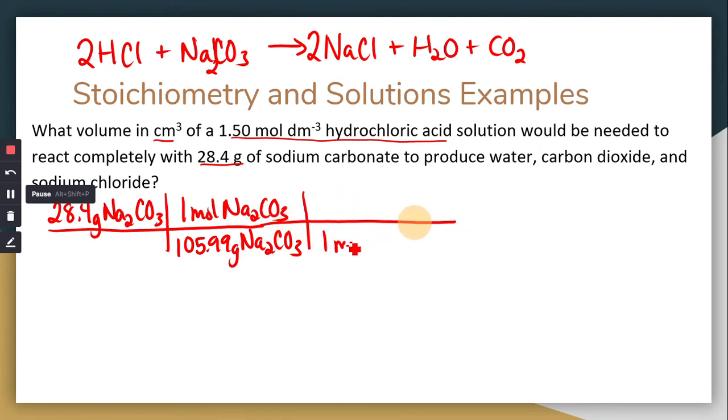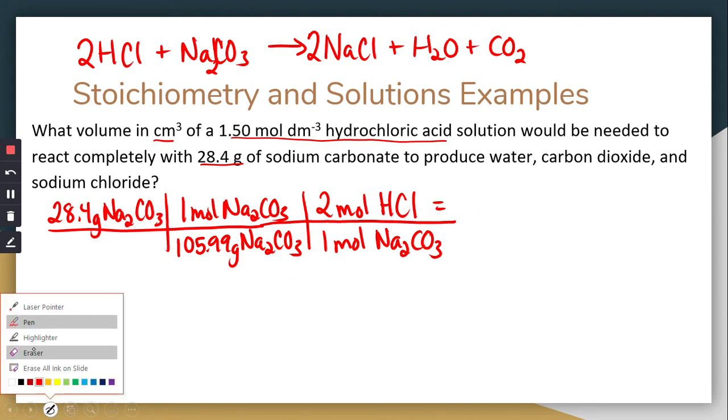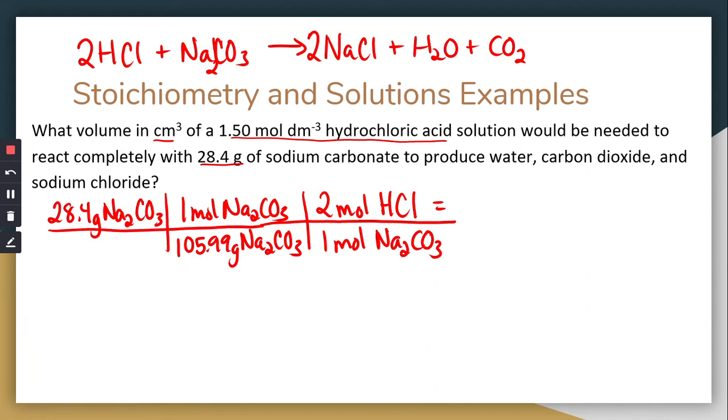So we set up our mole ratio from the balanced equation. So when we multiply and divide across, the grams of sodium carbonate will cancel. And then the moles of sodium carbonate would cancel, leaving us with moles of HCl. So 0.536.